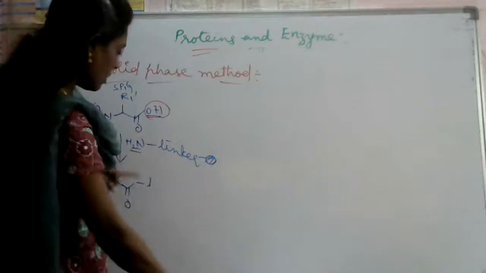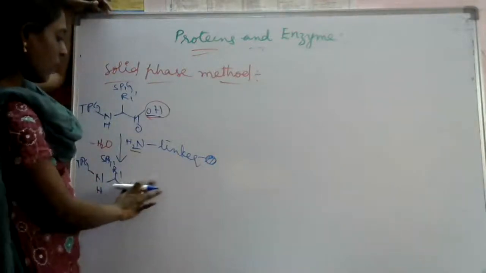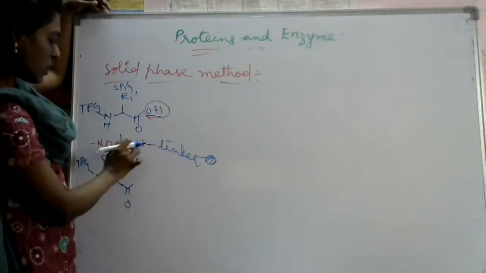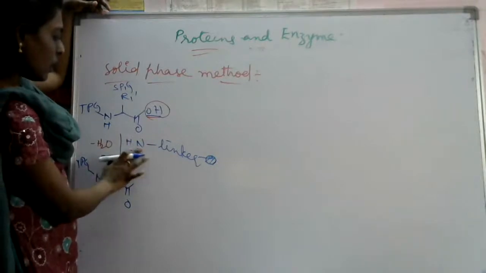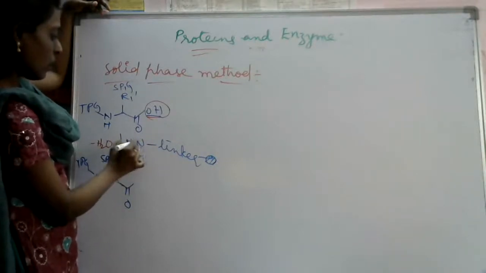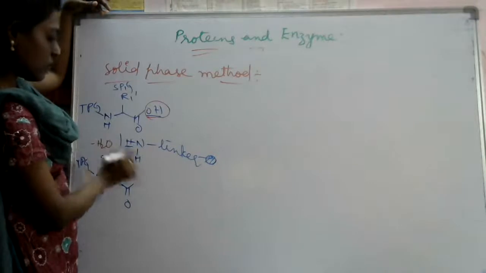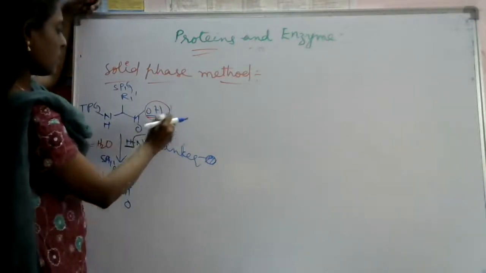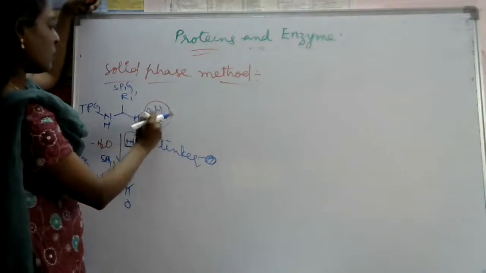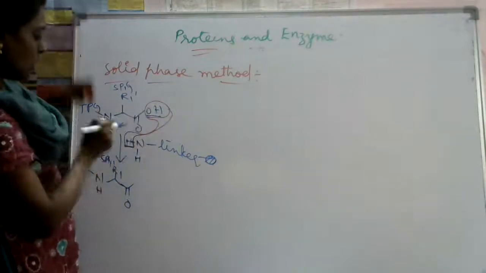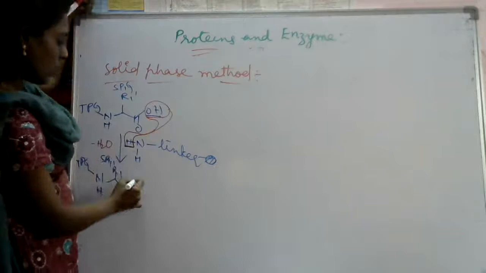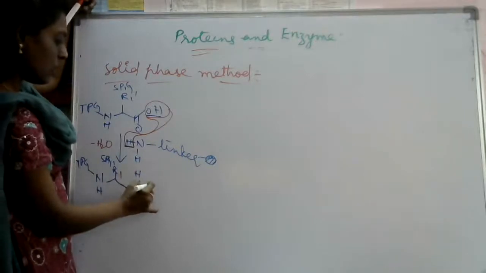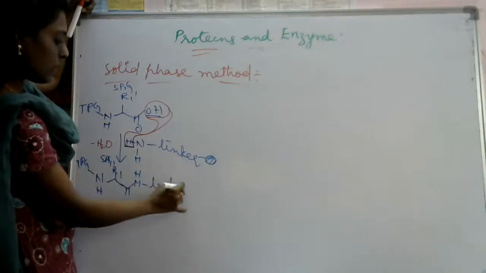So what will be formed here? CO is there, and we are removing one of the hydrogens. We remove the water molecule, and the remaining NH will be there, which is attached to the linker.